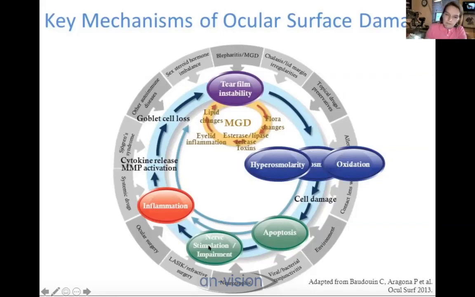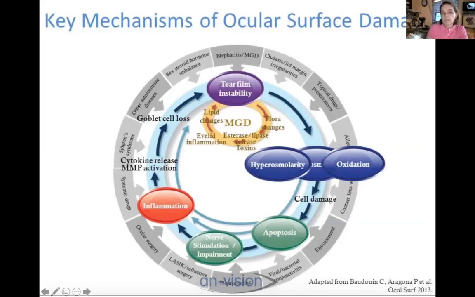And that again stimulates the nerves, the corneal and conjunctival nerves, and that promotes inflammation and a lot of cytokine release, which causes goblet cell loss. You know, the mucin layer is going to be damaged as well, and that will lead to more tear film instability.